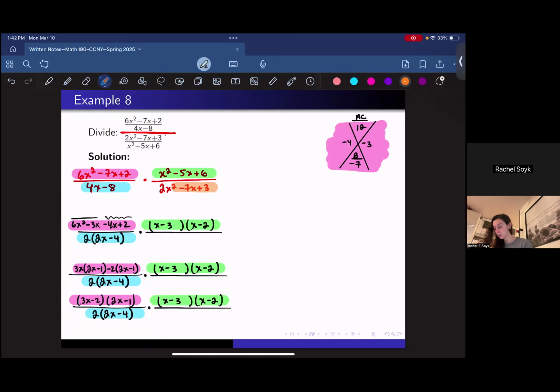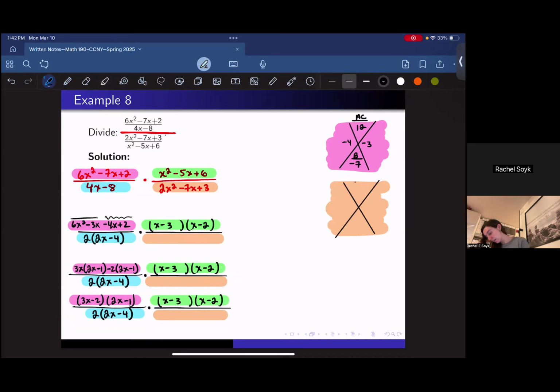Now let's use the AC method to factor out that orange. So off to the side. Once again, we have our A times C, which is 2 times 3, which is 6. And our B is negative 7 here.